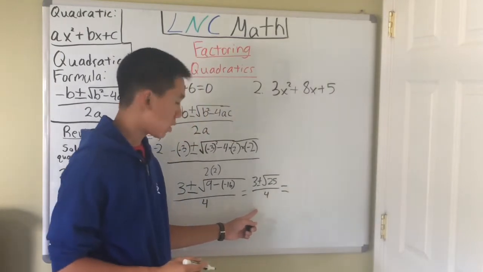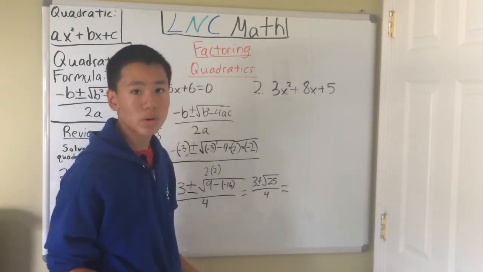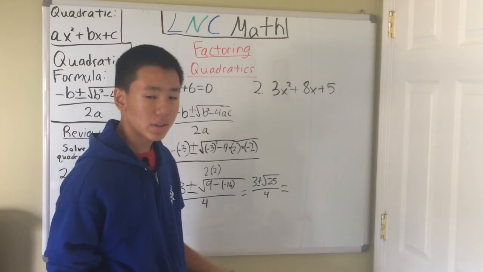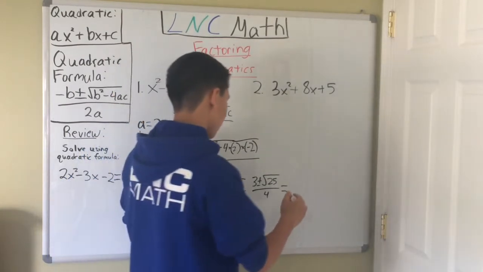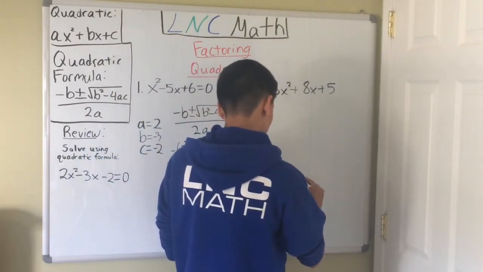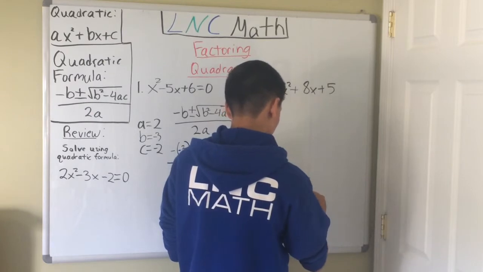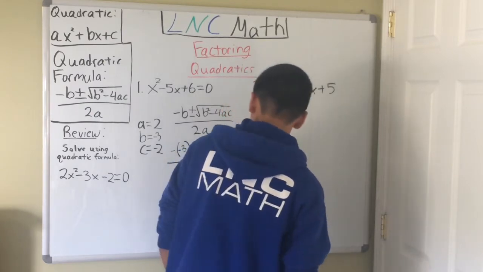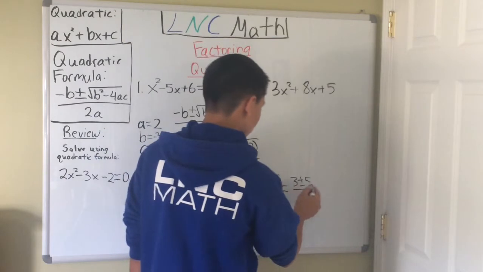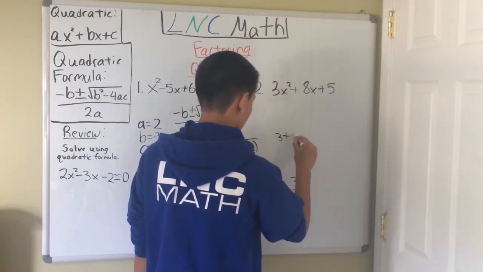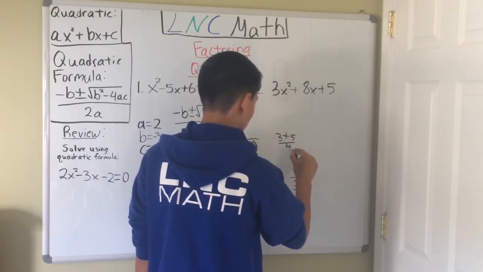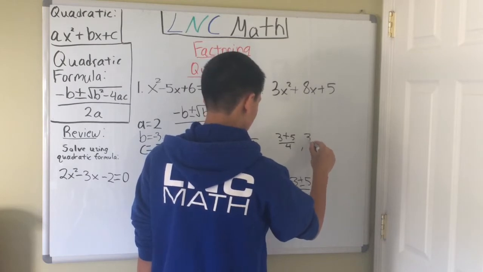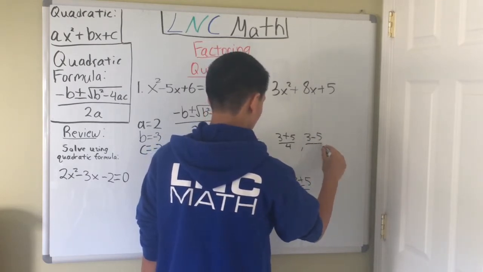So we have 3 plus or minus square root of 25. Square root of 25 is 5, because 5 times 5 is 25. So 3 plus or minus 5 over 4. So our two solutions are 3 plus 5 over 4 and 3 minus 5 over 4.